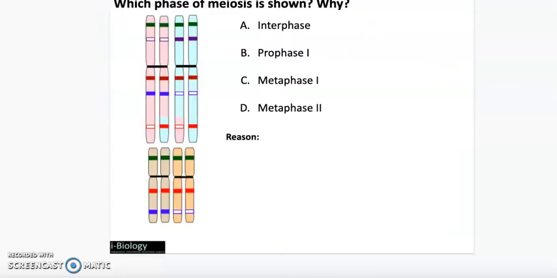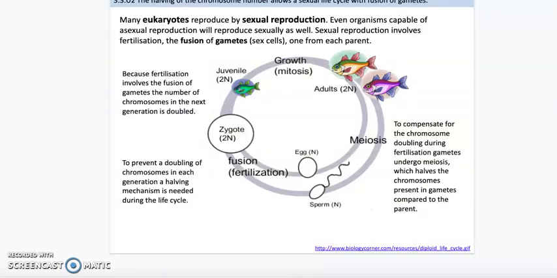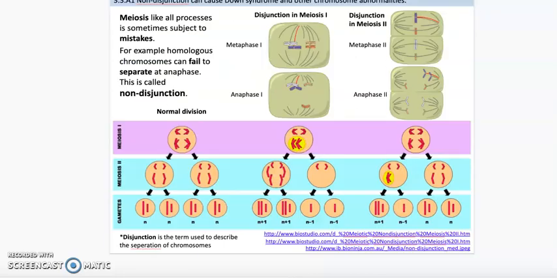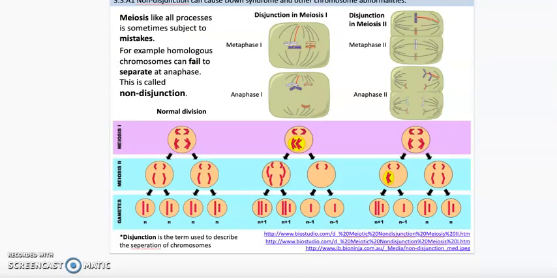So I'm going to show that process happening here. Right here, if it happens in meiosis 1, this is what it looks like. We end up with extra chromosomes in meiosis 2. This is normal division, right? Over here, normal division is the first example.